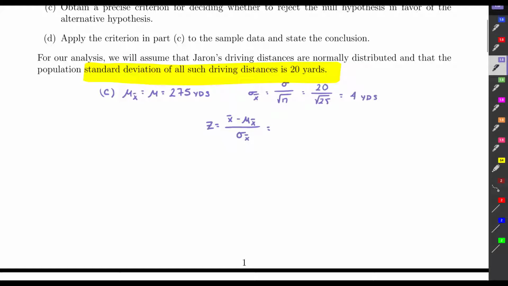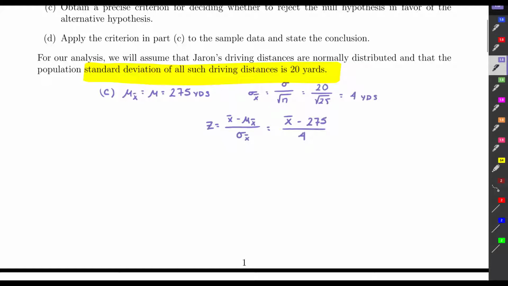That is our variable for right now. We're just establishing the formula for z. So it's going to be x bar minus 275 over 4. And that is our formula for z. And we will use that to compute our test statistic to determine whether or not we accept or reject the null hypothesis.